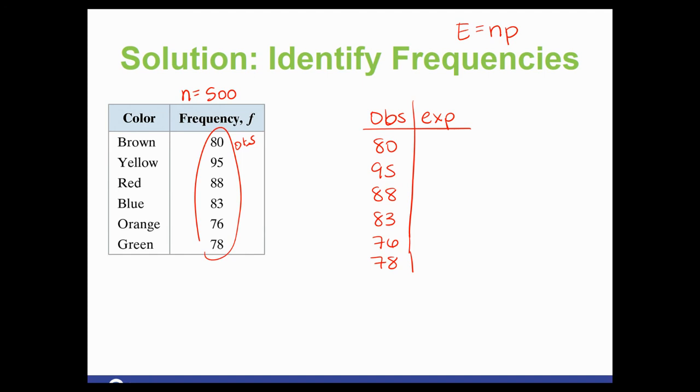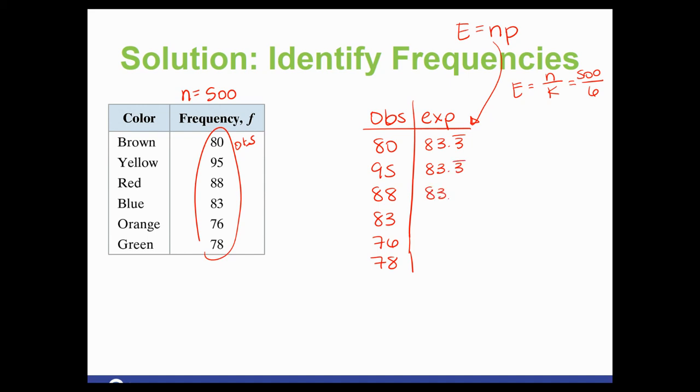So in a situation like this, the easiest way to find the numbers that go in the chart is instead of N times P, because we don't have P, you're going to take N divided by K. N meaning your sample size, so in this case we have 500, divided by how many categories we have. We have 6 categories. So if you take 500 divided by 6, you get 83.3333, repeating.